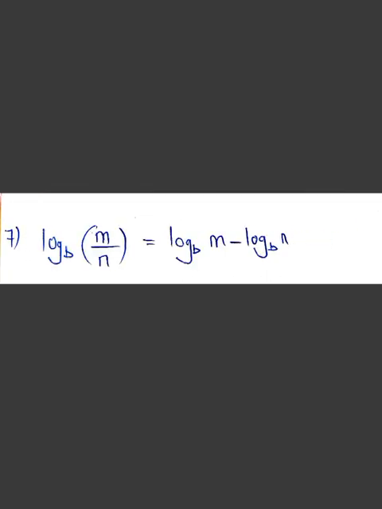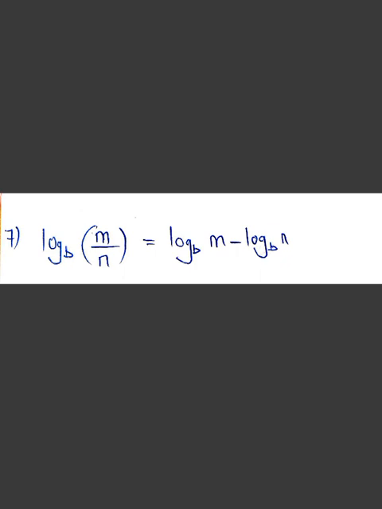So yeah, let's look at another principle. The logarithm of two numbers being divided: a number m divided by n to the base b can also be written as the logarithm of m to the base b minus the logarithm of n to the base b. Have you seen?